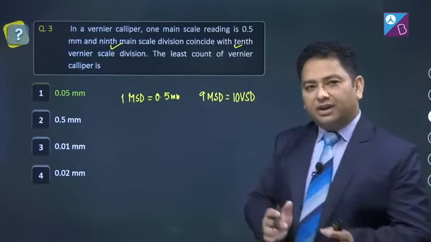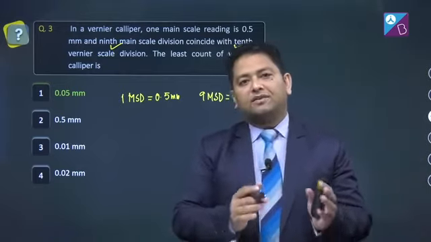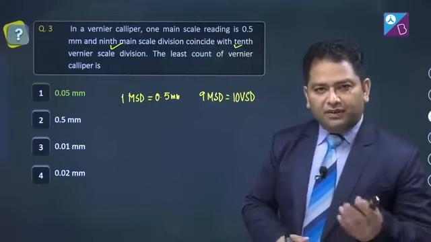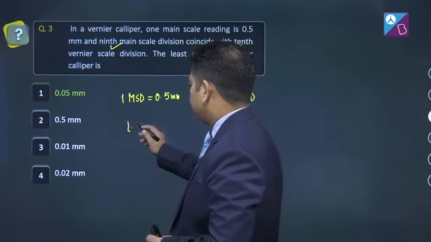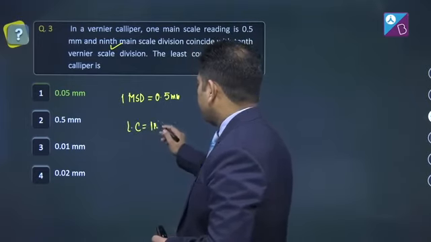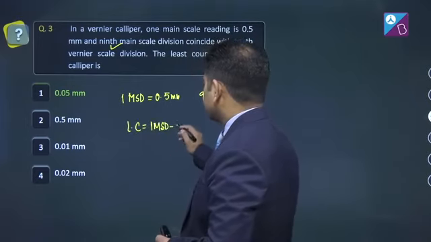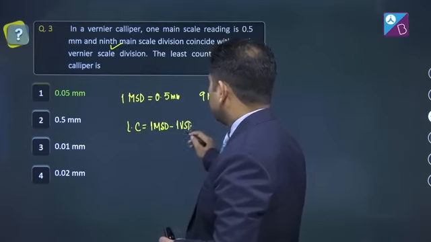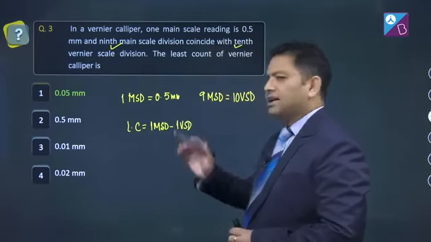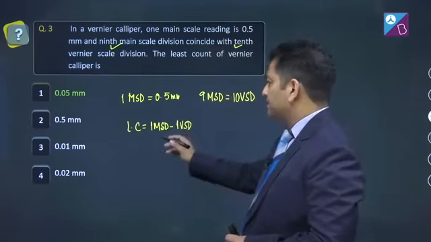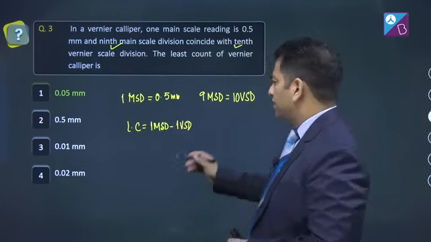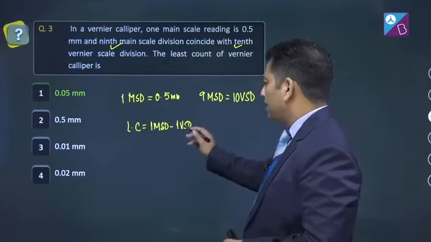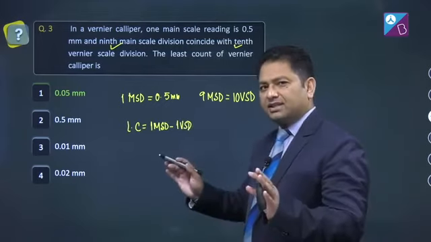We have to calculate the least count of the vernier caliper. By definition, the least count of the vernier caliper is 1 MSD minus 1 VSD. The value of MSD has been given as 0.5 millimeter. That means we have to calculate the value of 1 VSD and the question is done.